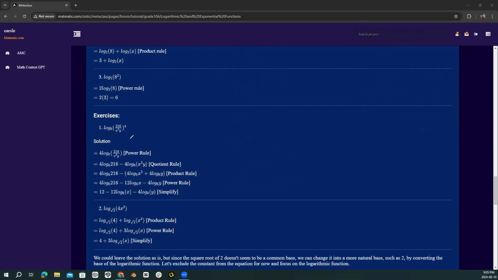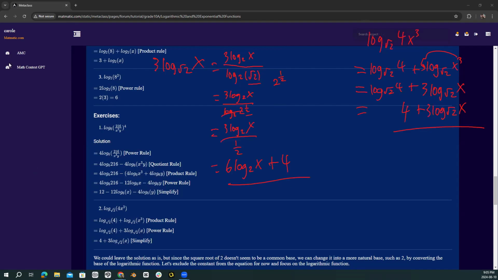Just for changing the base. Basically, you could just take the exponent in the base and reciprocate it and move it to the front.